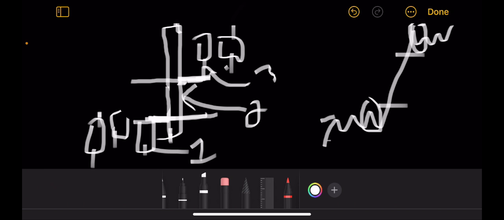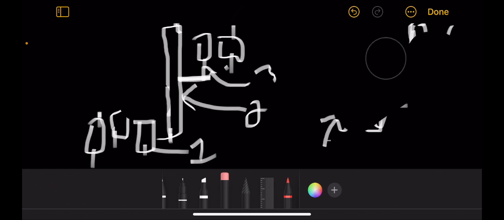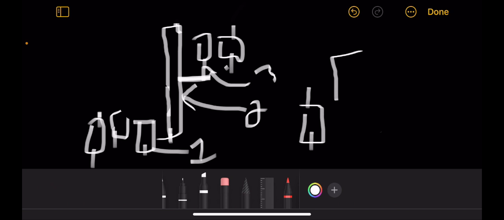Basically, this is an imbalance. Sometimes they call it an imbalance. Normally you would want to see candle 1, candle 2, candle 3, with candle 1 and 3 not intersecting. What does that mean?